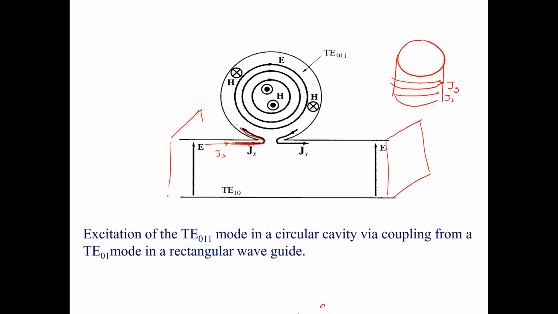That current will have to turn around and go around this way. And if it's going around that way, it is going to excite the TE011 mode, because that's the current it likes. The current going this way can be easily excited by using a TE10 mode in the rectangular waveguide.